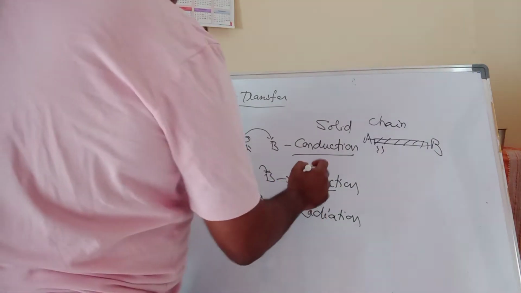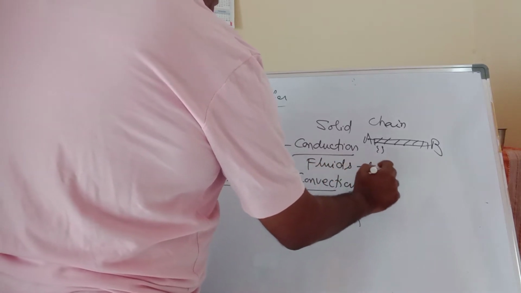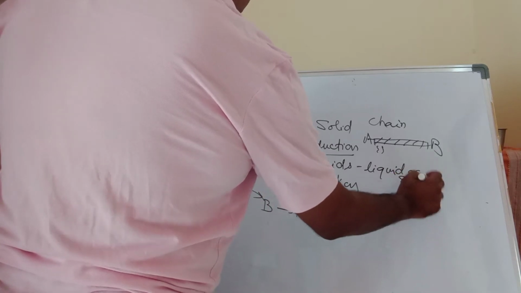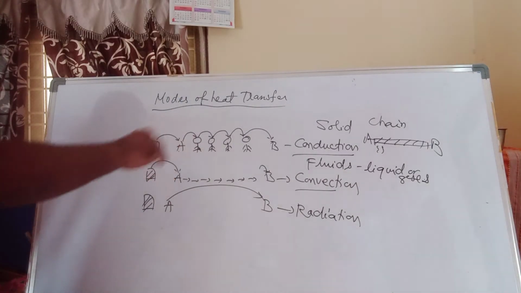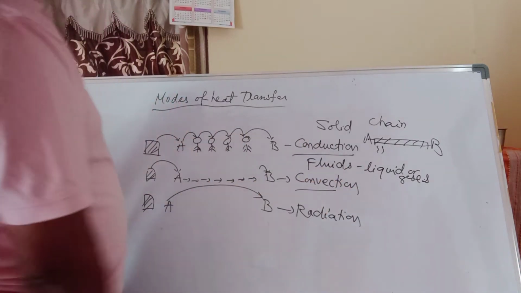Now convection is seen in fluids, usually liquids or gases. Here, as I've explained to you, the fluid molecules transfer the heat. They carry the heat with them, and finally it is taken to the other side.